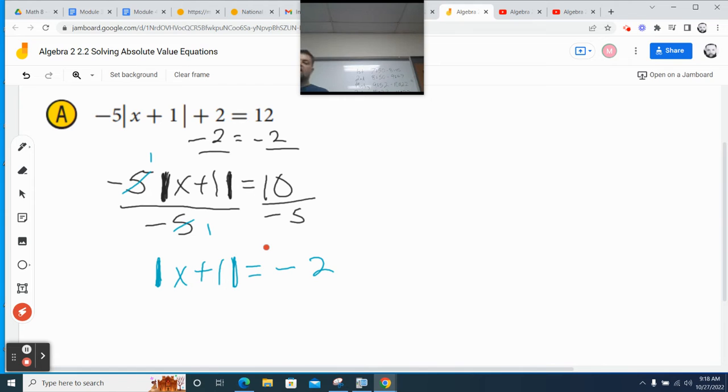Now, I can tell you right now, there is nothing going to equal negative 2. There is no value that I can plug into the absolute value brackets that will equal negative 2. Nothing will work, because remember, the absolute value brackets means that it will always have to equal a positive number. So because you have a negative, right now I'm done.